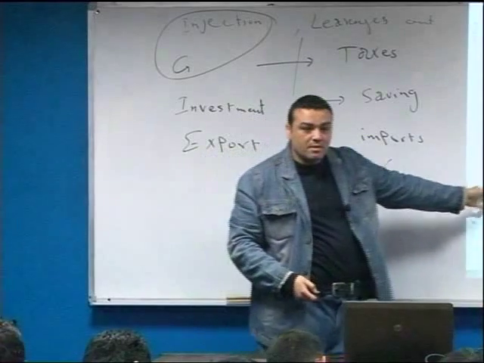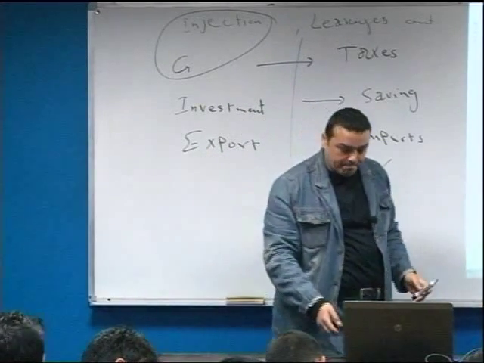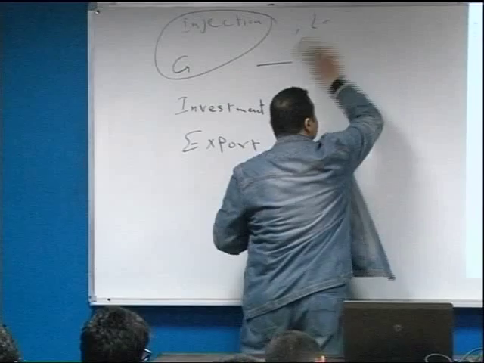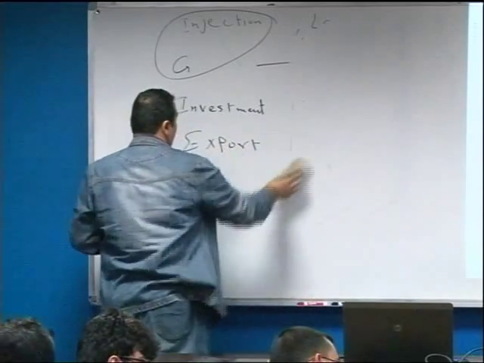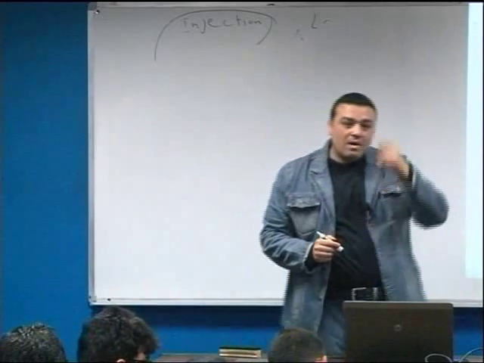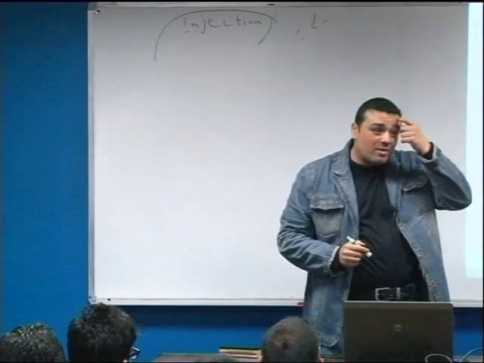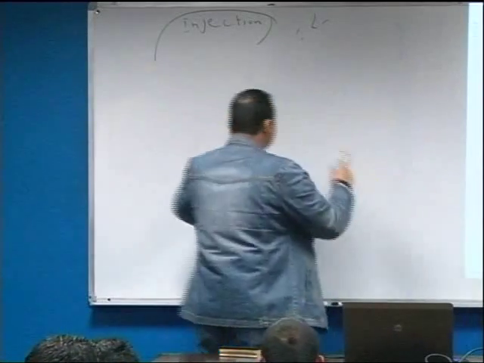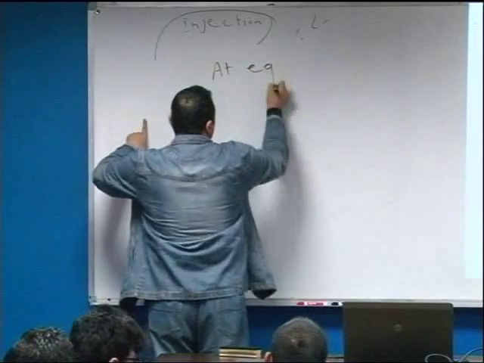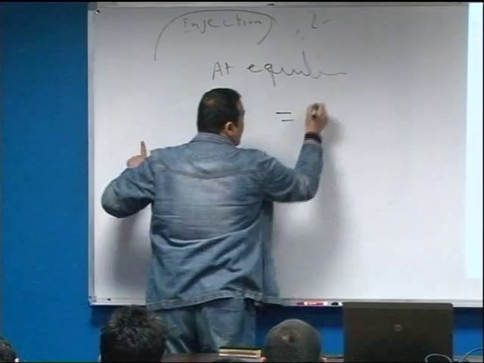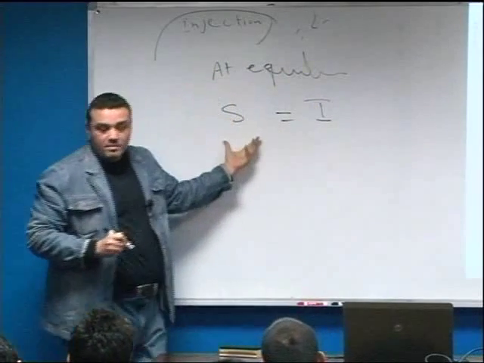So as you see here, as we mentioned, at equilibrium, the planned investment must equal the saving, right? صح؟ مظبوط.